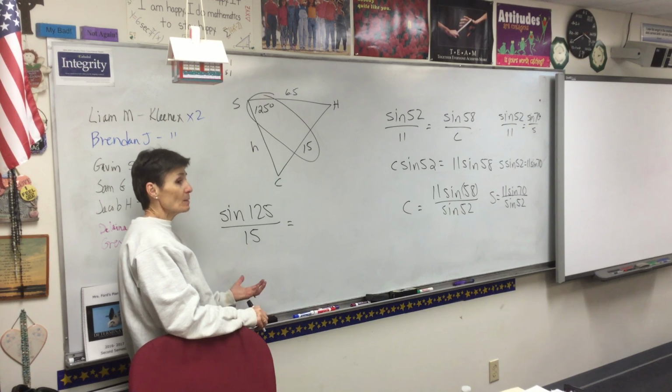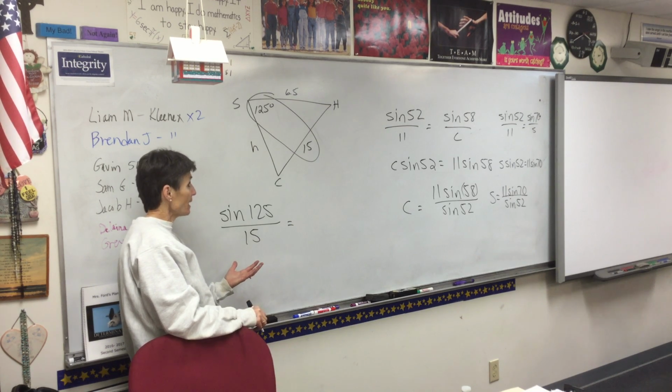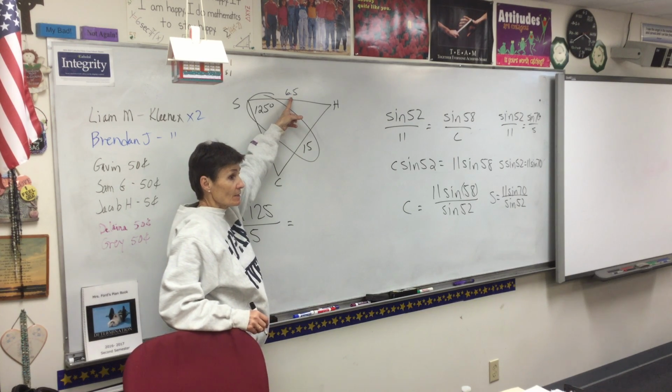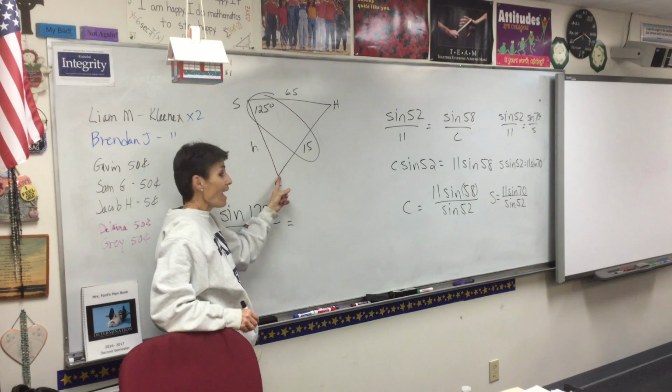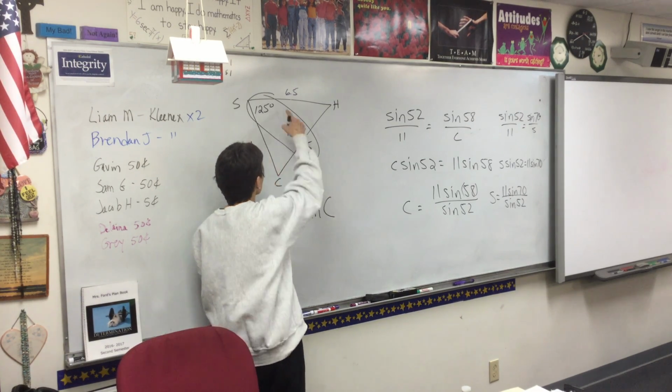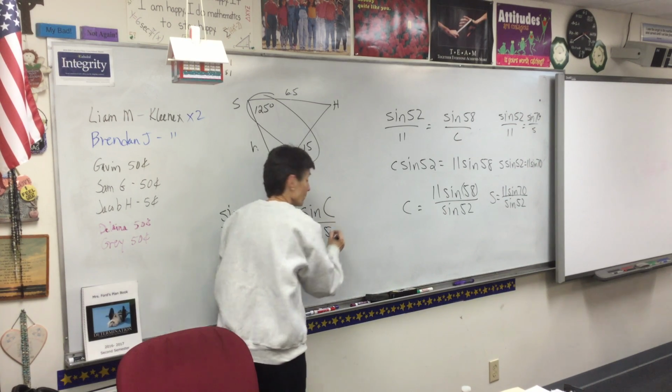Now, last time we kind of had a choice. This time we don't really have a choice because the only other thing we know is that, right? So we're going to have to say sine C over 6.5. Would you agree with that?